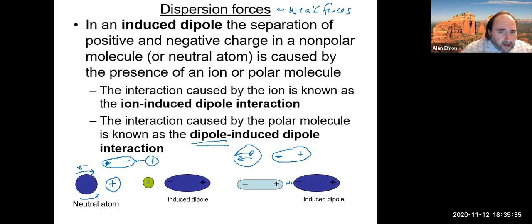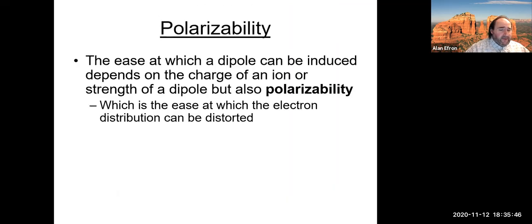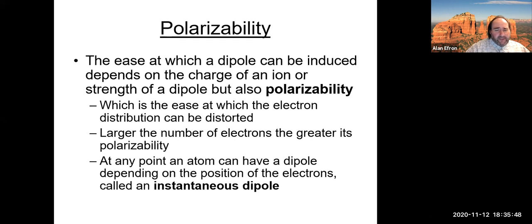And another common way that this could happen is when we have two nonpolar molecules near each other. When we have two nonpolar molecules near each other, neither one has a charge. So if we don't put anything polar or ionic next to it, it doesn't really have a way to have a charge.